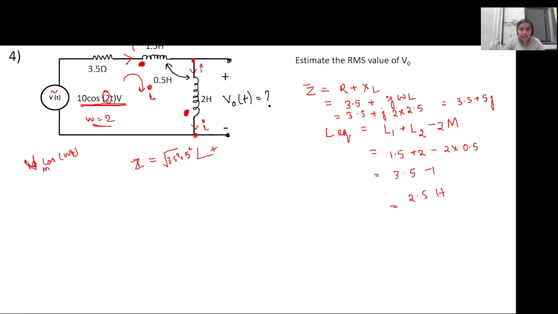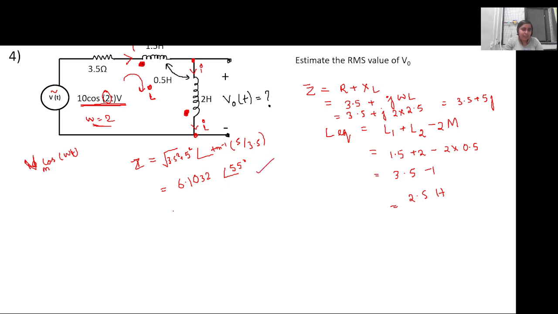And angle will be tan inverse of 5 by 3.5. So it will be 6.1, I think. Let's calculate the angle. 5 divided by 3.5. So angle comes out to be 55 degree. 6.1 at angle of 55.0. Yes, that is correct. So this is the value of Z.